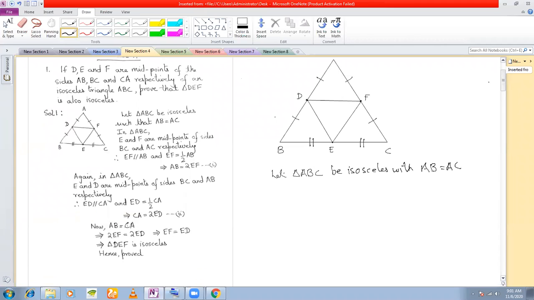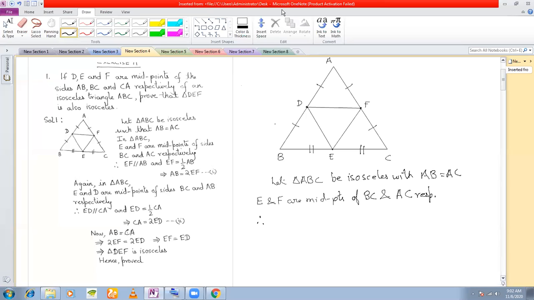So now what do you see from this figure? You see that E and F are midpoints of BC and AC, respectively. So therefore, what can you say from the midpoint theorem?